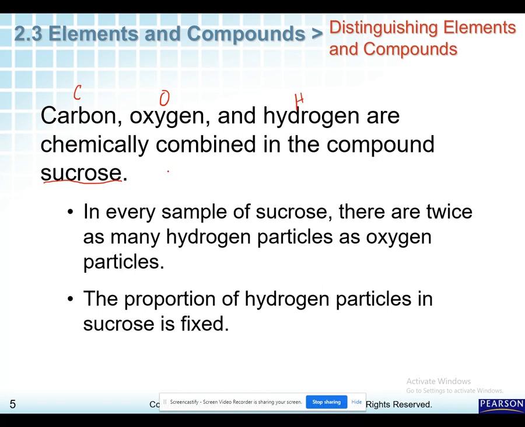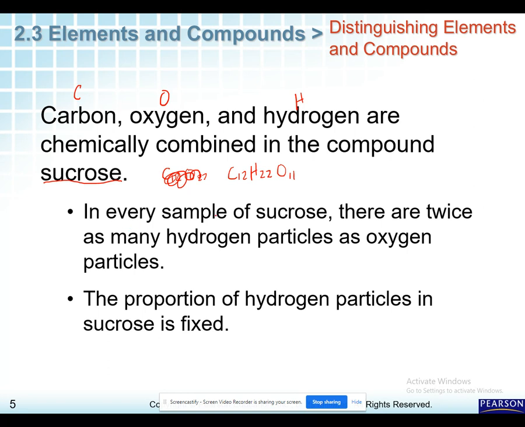In fact, to get table sugar or sucrose, you have to have 12 carbon, 22 hydrogen, and 11 oxygen. Those combine to make sucrose.